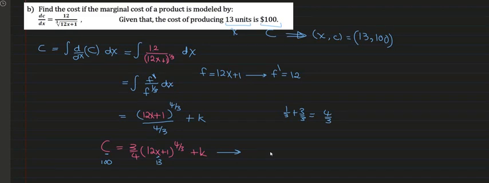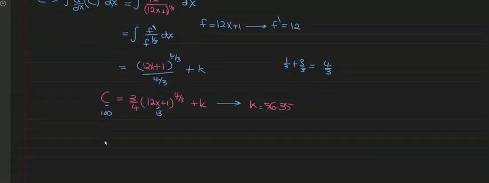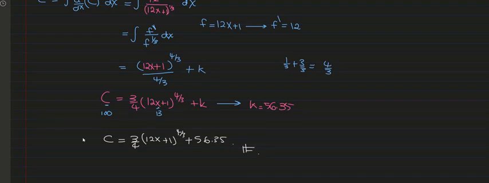And therefore, we'll get the value of k as 56.35, and here we can rewrite the model as it is, the complete model, as 3/4 and then the 12x plus 1 all raised to the power of 4/3, plus instead of the k we have the 56.35. And that's it.